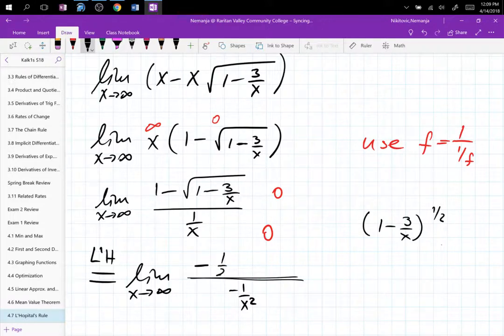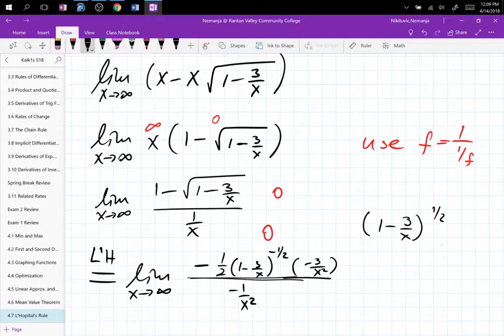You have a 1/2, times 1 minus 3 over x to the negative 1/2, times the derivative of the inside, and the derivative of the inside is negative 3 over x squared. You know that the derivative of 1 over x is negative 1 over x squared. Well, the derivative of 3 over x is negative 3 over x squared.